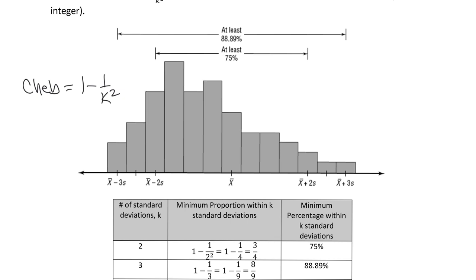Okay, so we can find the number of standard deviations. That's just going to be k. We can plug k in, and that's going to give us the minimum percentage within k standard deviations. And so you can see here, this is 1 minus 1 over k squared.